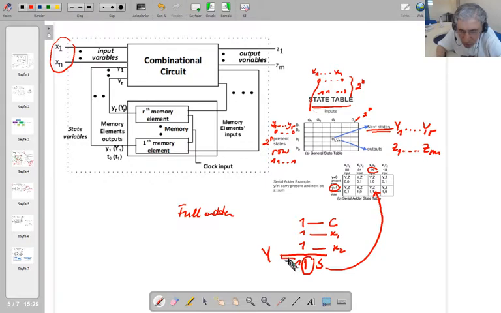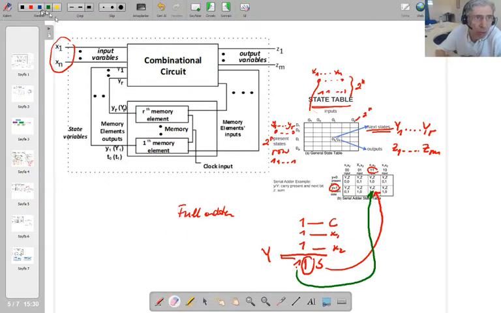So I'm going to put that capital Y1. Let me change the color. Here, capital Y1.